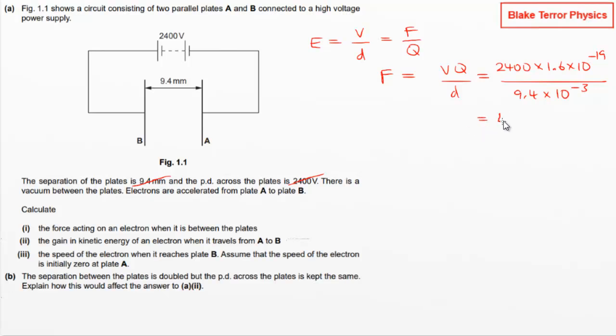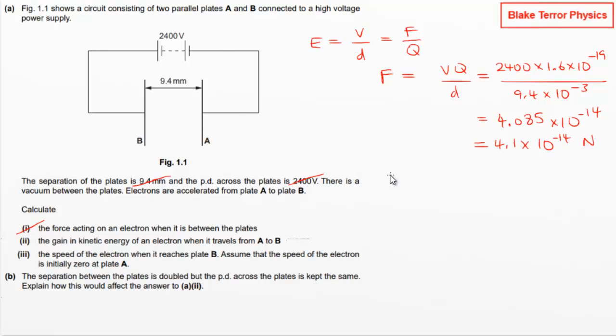So off we go, 4.085 times 10 to the minus 14, which is 4.1 times 10 to the minus 14 newtons to two significant figures.